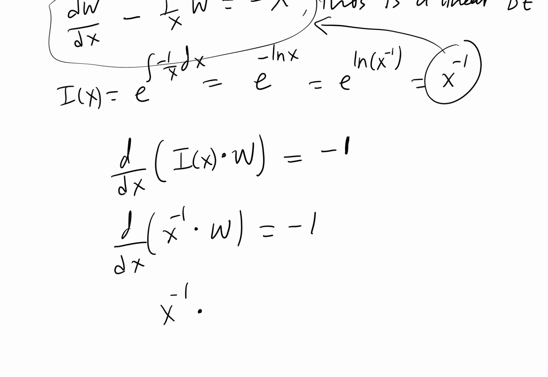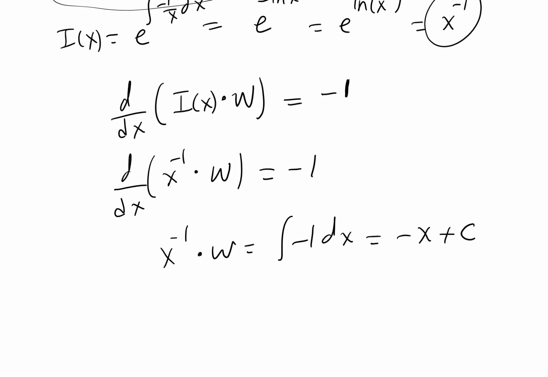Integrating both sides, we get negative x plus c. It would be nice if you multiply everything by x, we get w to be negative x squared plus cx. But don't forget to go back and replace the w.